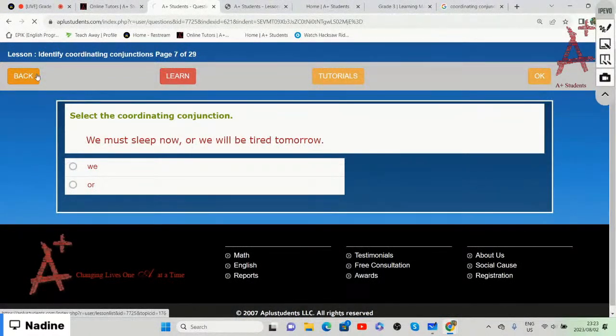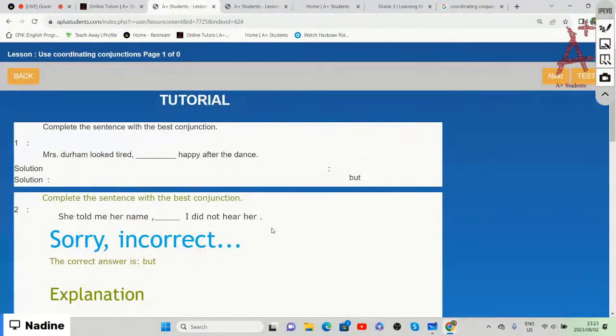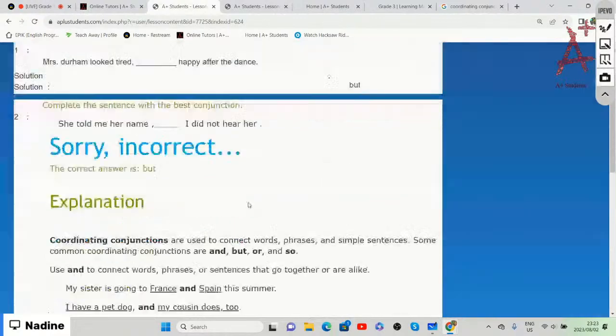All right, so now we're going to our next lesson, which is use coordinating conjunctions, right? So we first selected the coordinating conjunctions, and now we are going to use them.